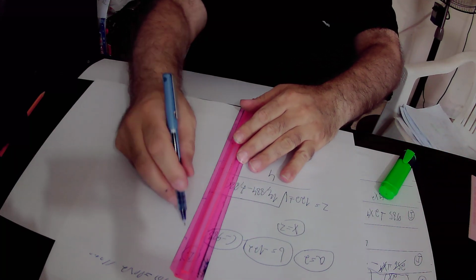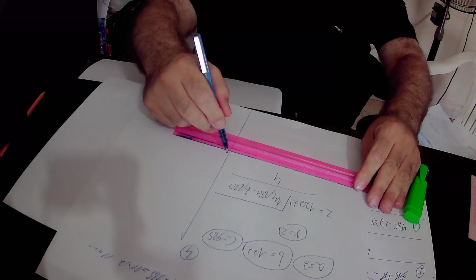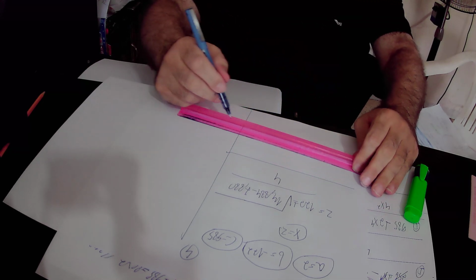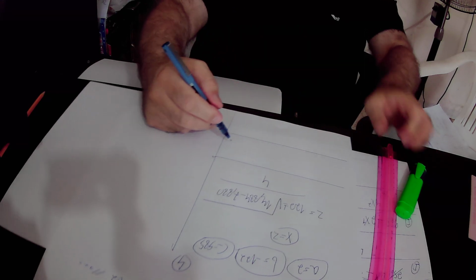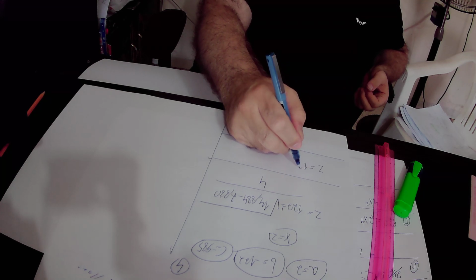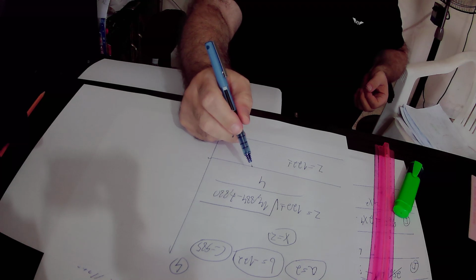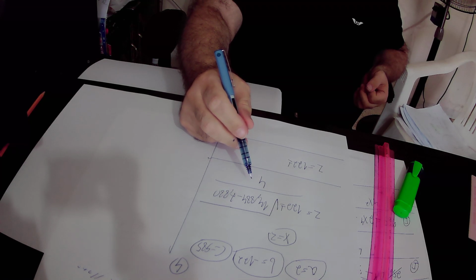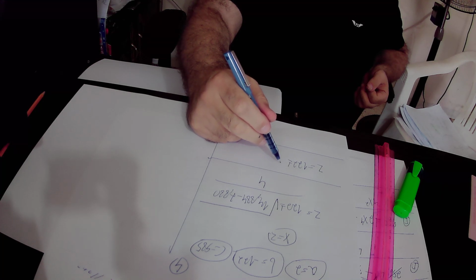So here we found out that z equals 122 plus minus the square root of 14,884 minus 7,880 equals 7,004.